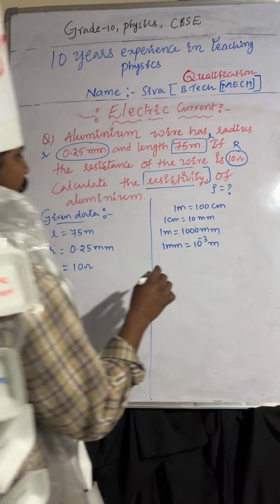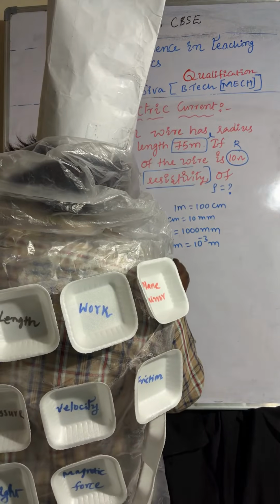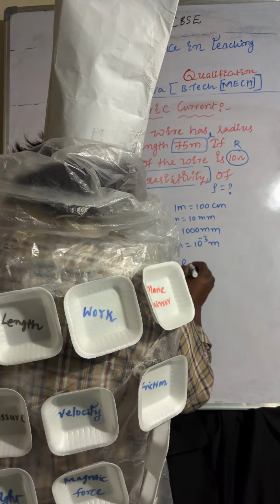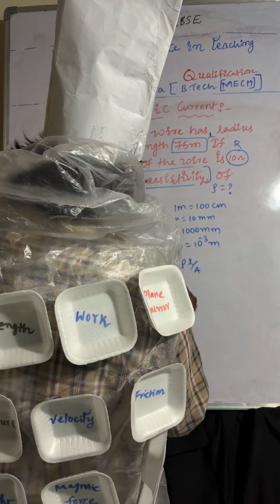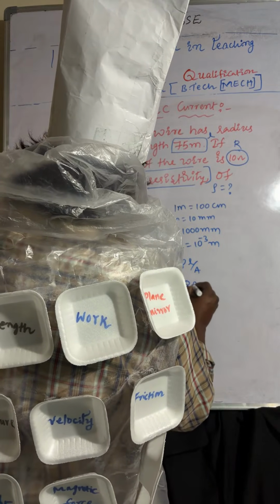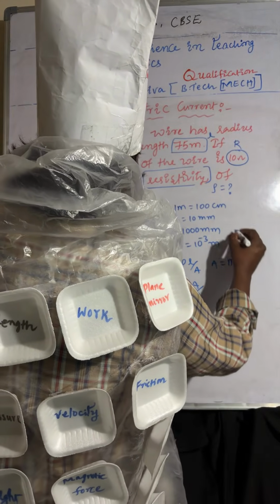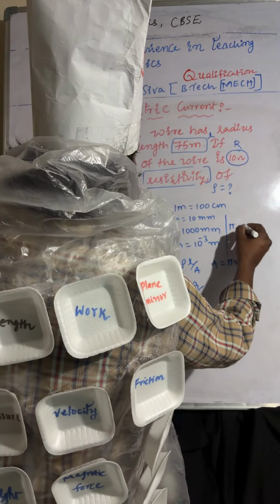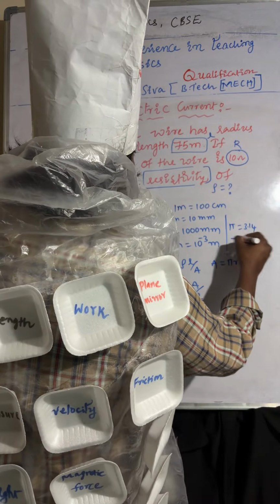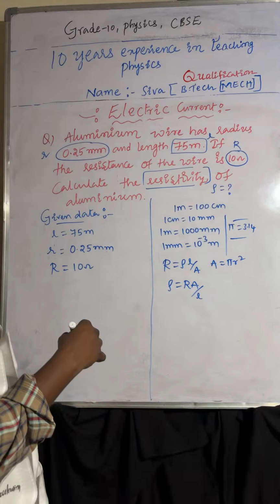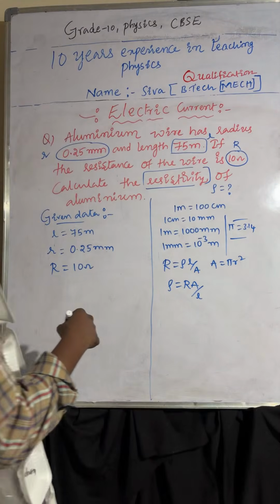Now we know the formula R equal to rho into L by A, so rho equal to RA by L. We know A equal to pi R square, and pi value is 3.14.